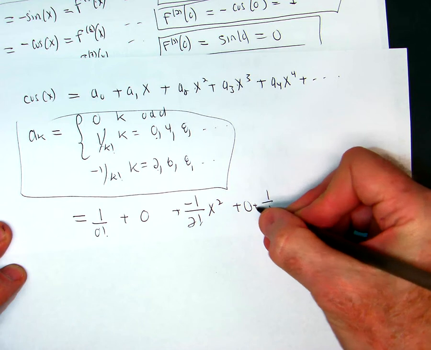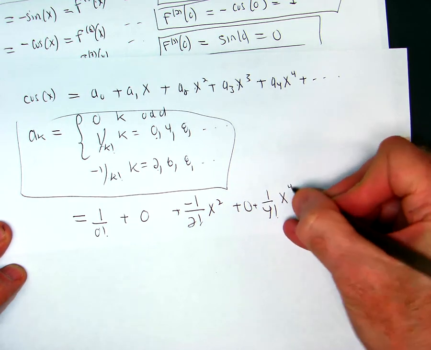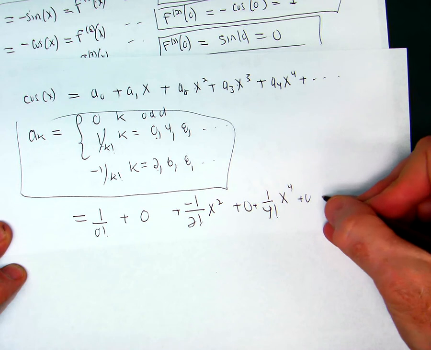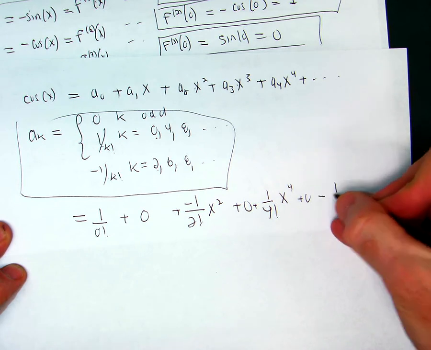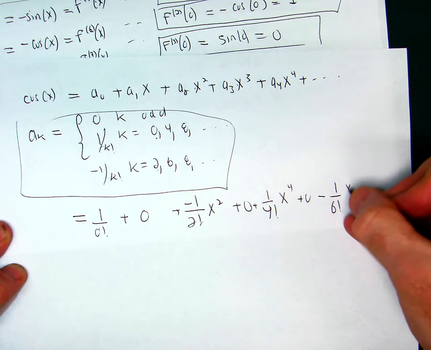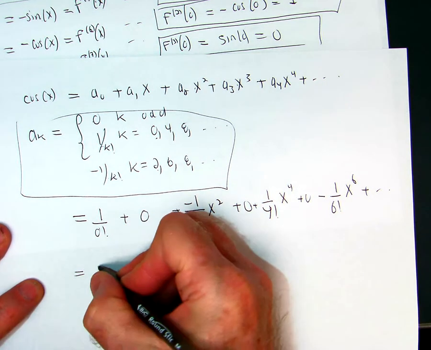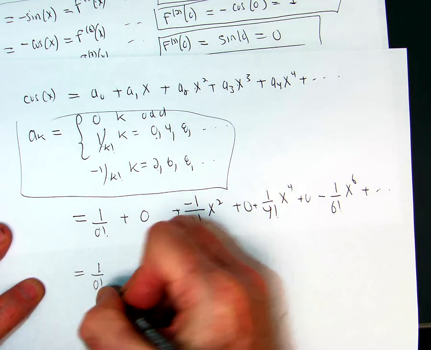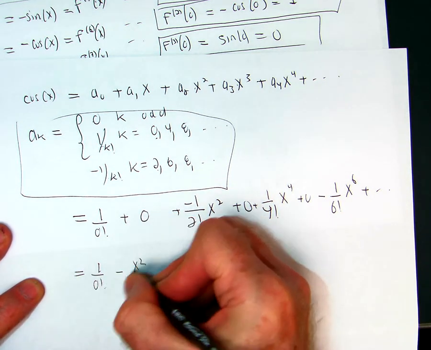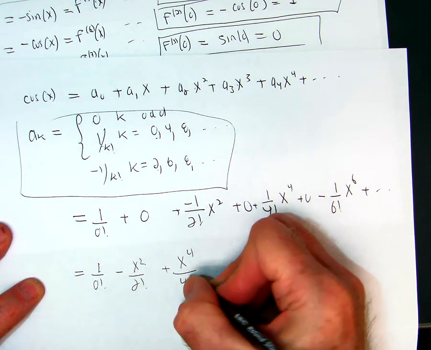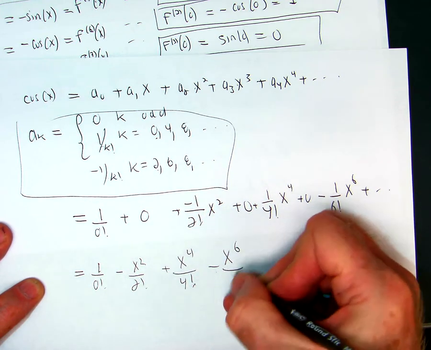Sorry, it should be a plus there. And you can probably guess the rest of these. Minus 0, and then minus 1 over 6 factorial, x to the 6th. So to clean that up a little bit, we get 1 over 0 factorial minus x squared over 2 factorial plus x to the 4 over 4 factorial, and so forth.